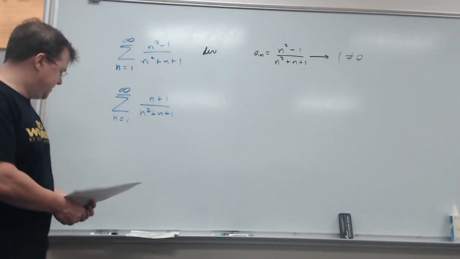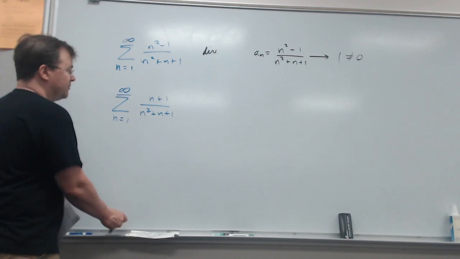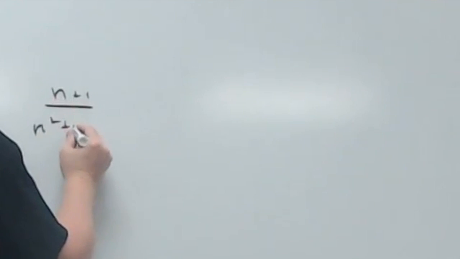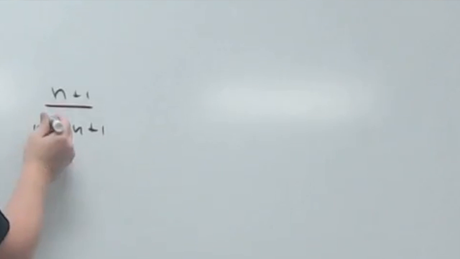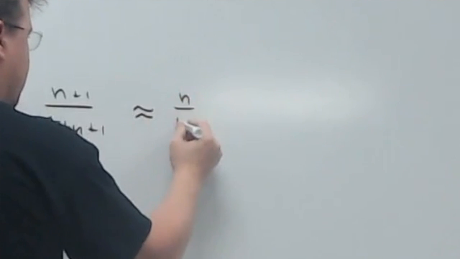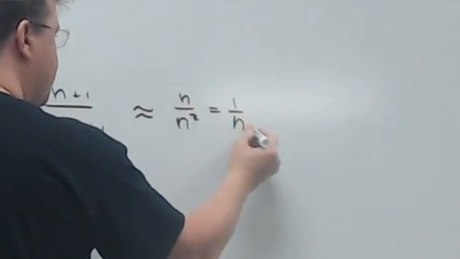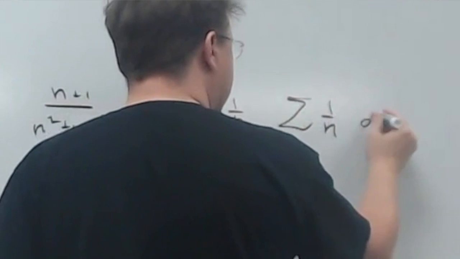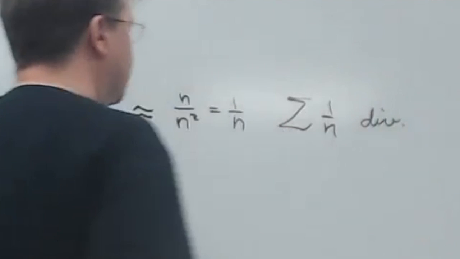But when I see this, what I'm thinking in my mind is n plus 1 over n squared plus n plus 1. If you ignore the terms of lesser degree, it's kind of like n over n squared, also known as 1 over n. And we know that this diverges. Harmonic series.